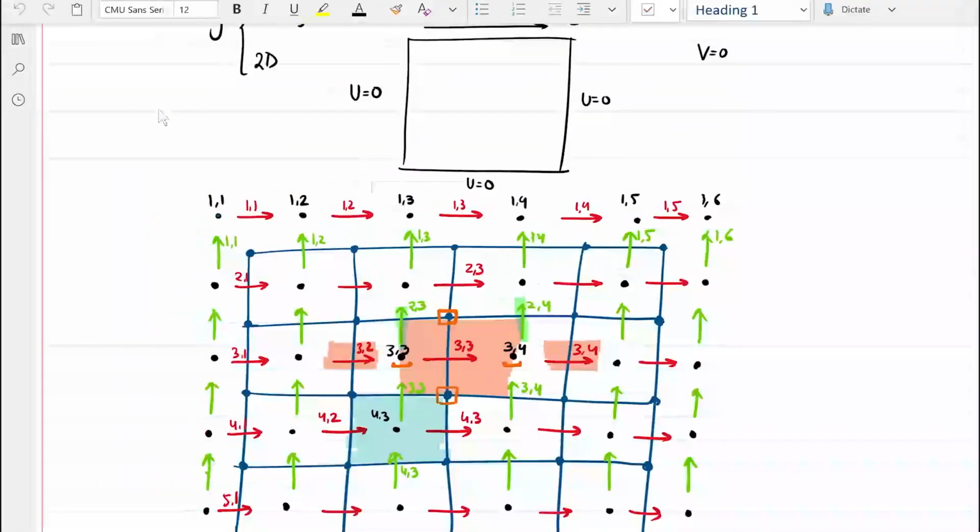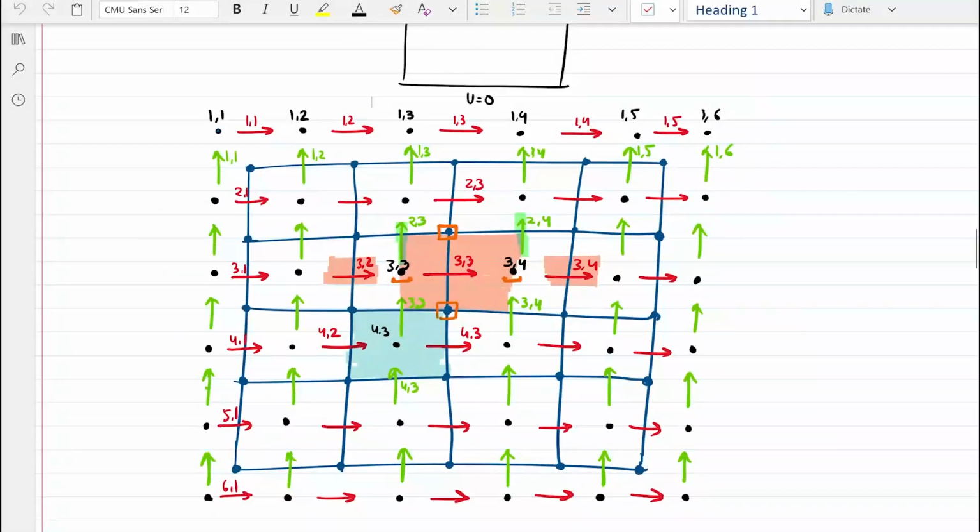So let me go back to the 5x5 grid. We know that the interior of the domain consists of 1, 2, 3, 4 rows and 1, 2, 3 columns. So everything from the second to the fifth row and from the second to the fourth column.